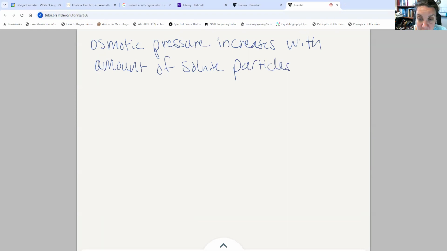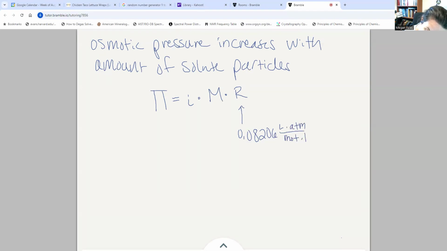We can solve for osmotic pressure, which is given as an uppercase pi. It's going to be equal to our van 't Hoff factor times our molarity of our solution times our gas constant R. Specifically, this is going to be the gas constant that includes pressure: 0.08206 liters times atmospheres over moles times Kelvin, because this is a pressure, right?